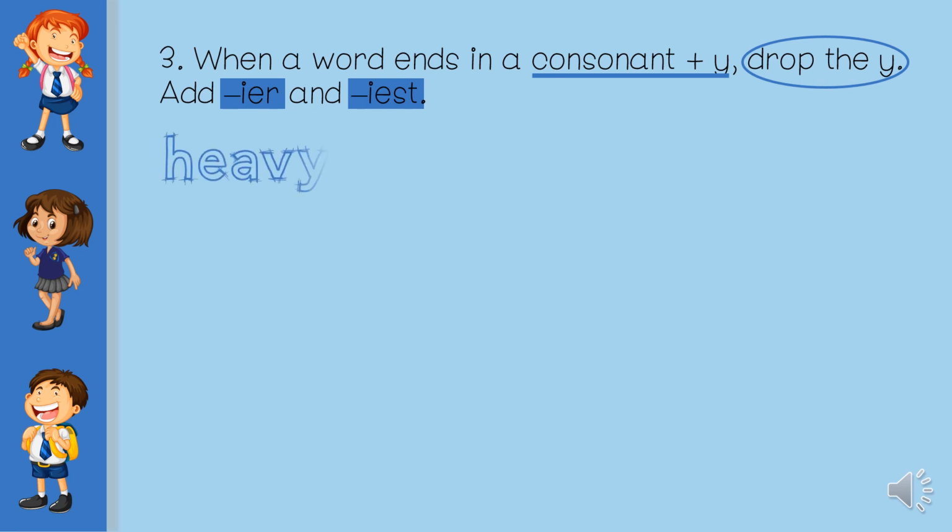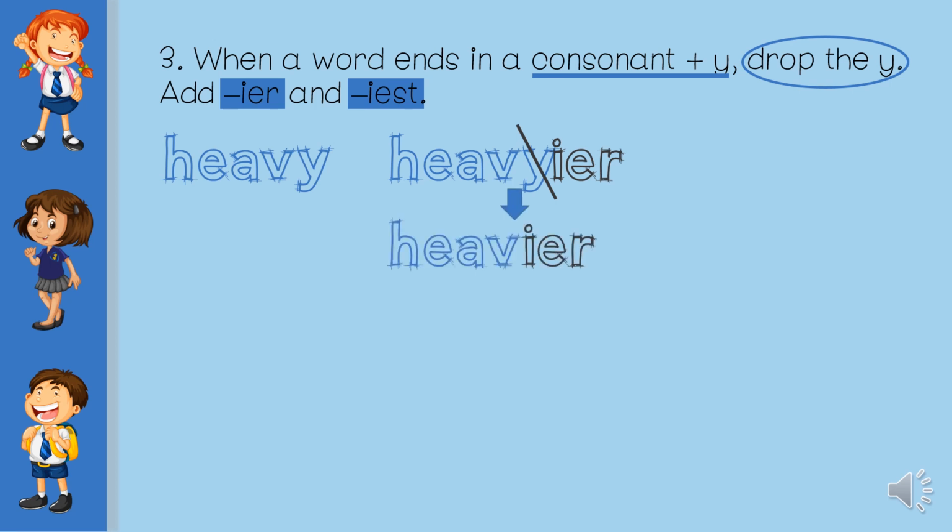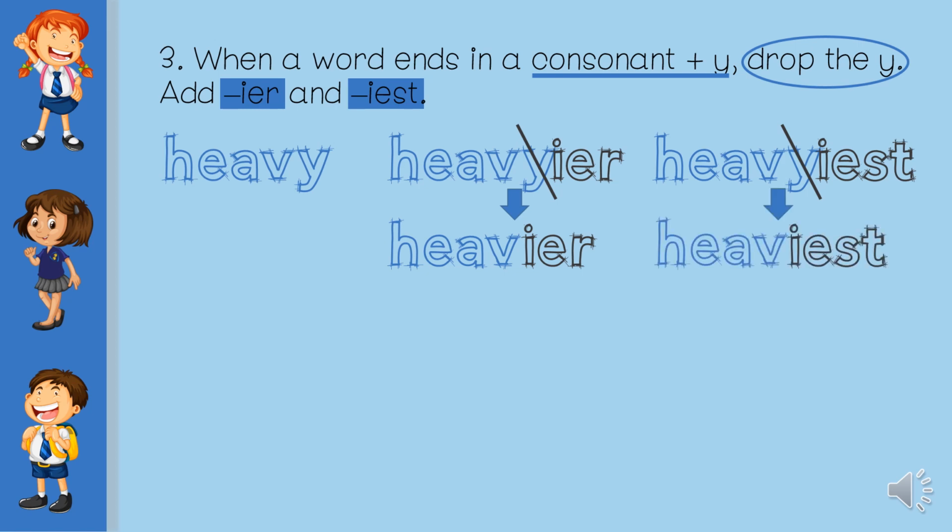For example, heavy, drop the Y, heavier. So if you have a look here, heavier without the Y. Heavy, drop the Y, heaviest. If you look at the word, heaviest without the Y.